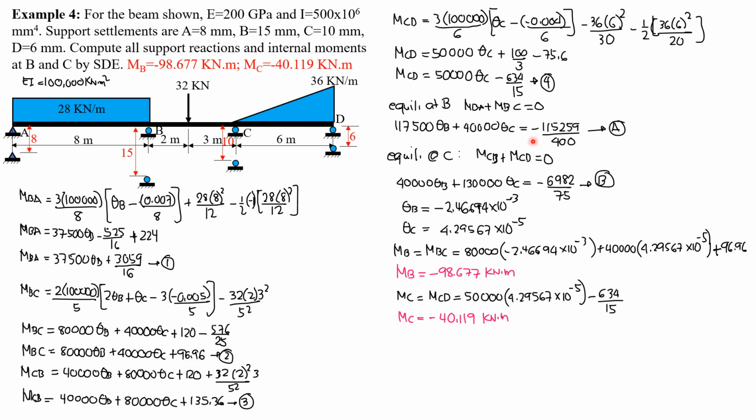The combined value on the right side is negative 115,259 over 400. Call that equation A.